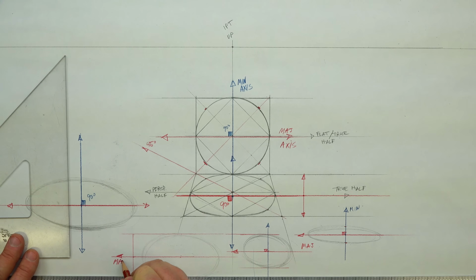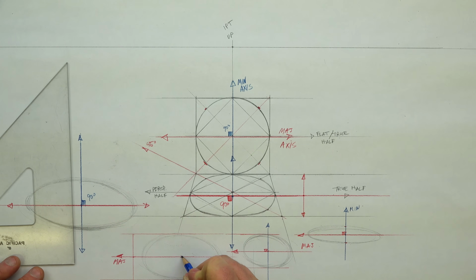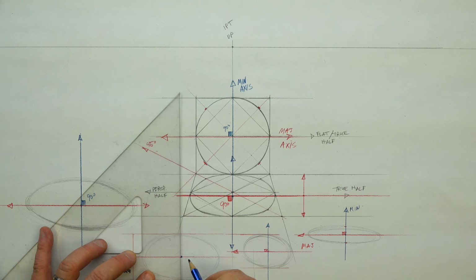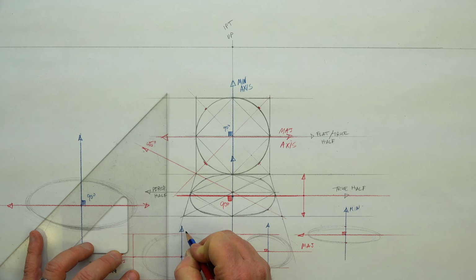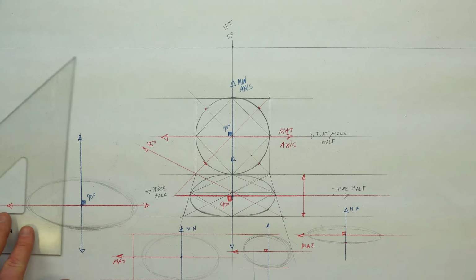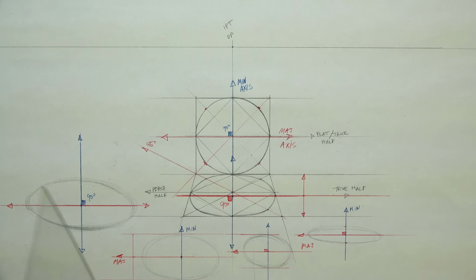There's major, and then minor is true half of vertical here, right, dead center in the middle of our true half, not our perspective half. There it is. True half means flat, just remember that, and that's our minor, and there you go. So we have true formal perspective ellipse now, and then we have various freehand studies.